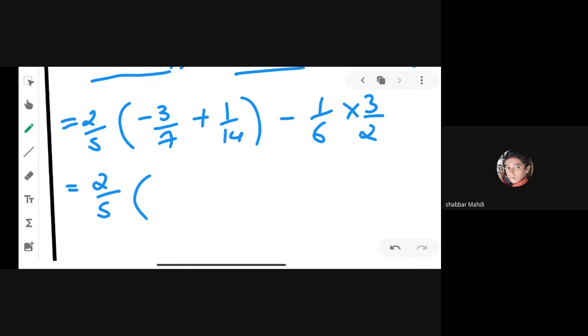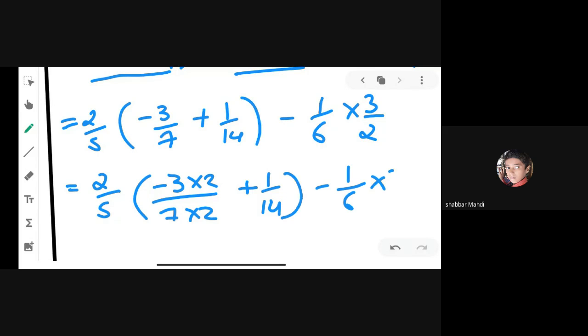For this, in the first number minus 3 by 7, we are multiplying by 2. So our denominators will be equal. So minus 3 into 2, 7 into 2, plus 1 by 14, and minus 1 by 6 into 3 by 2.